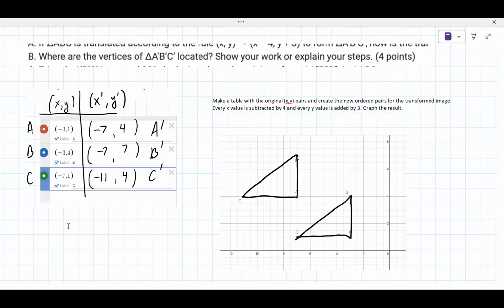Every x value is subtracted by 4. Every y value is added by 3. And graph the result. Let me just quickly insert it.